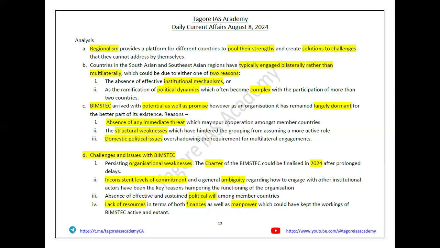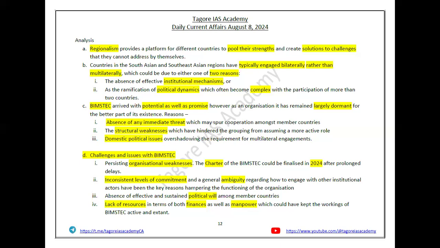When BIMSTEC came, its potential and promise, as you have seen and as it is reflected in the chairmanship itself, was there: it had potential, it had promise, but thereafter things were going southwards. It has largely been dormant. Why has it been dormant? This is again important for mains: there is no immediate threat.